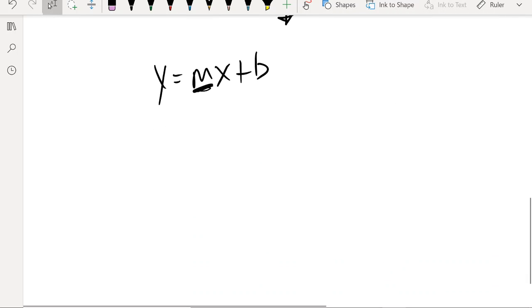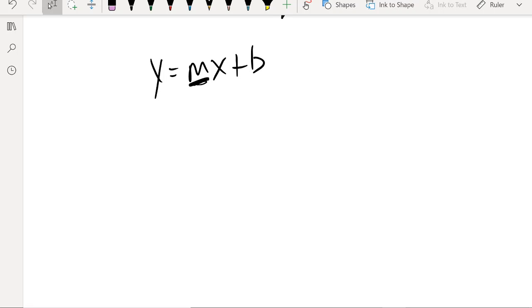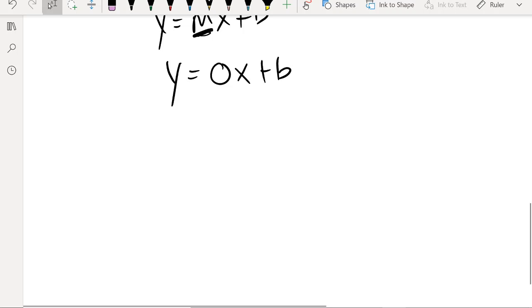So if I have a 0 slope, 0x plus b, then what happens? It doesn't matter what x is, because no matter what x is, y is equal to b. I can plug in anything for x, right?